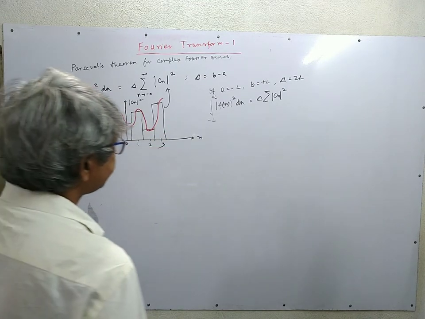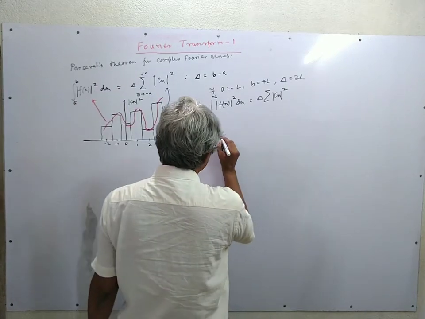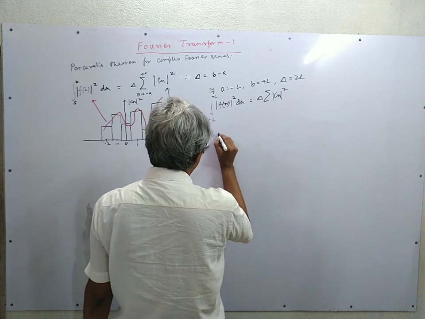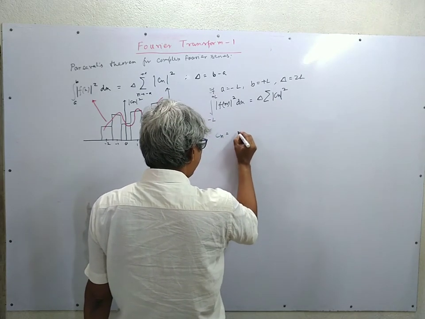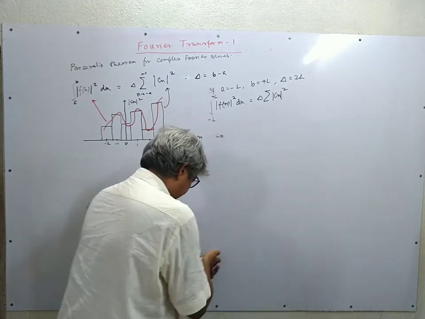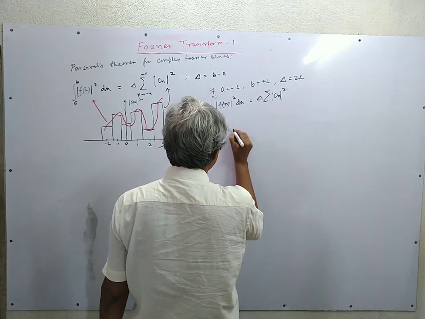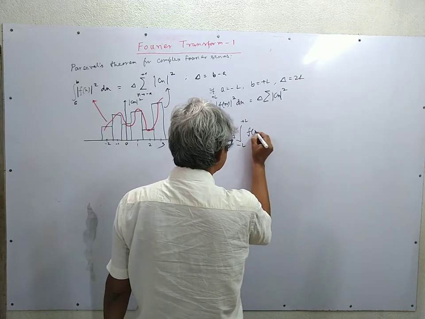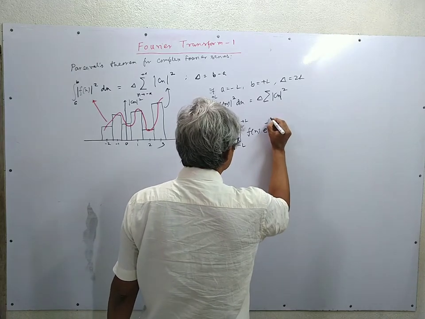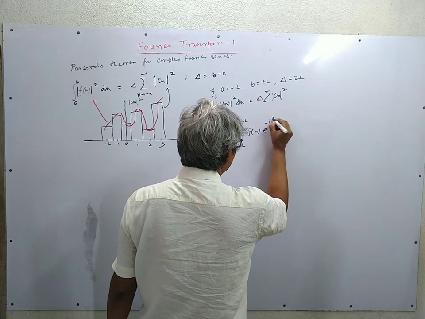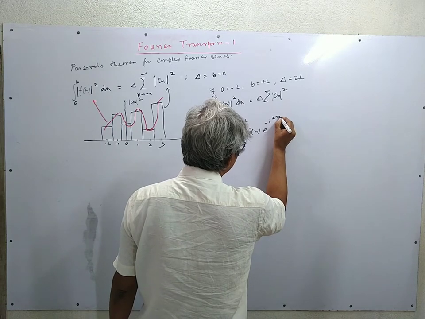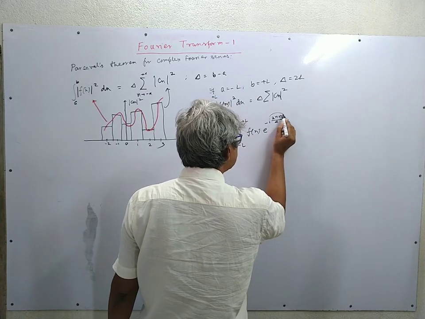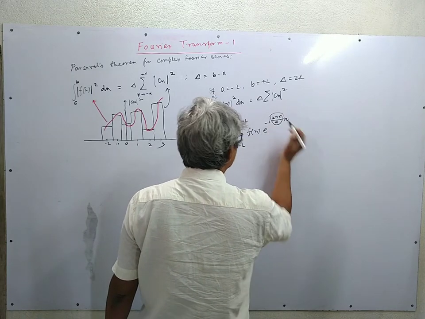Now we know that in Fourier series, if we want to calculate Cn, a factor appears. Cn is 1 upon delta times the integral of this. Look at this quantity.